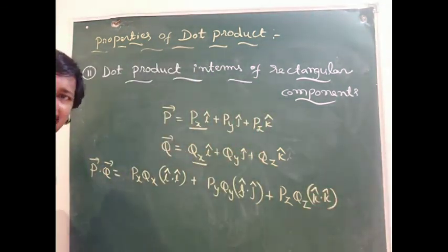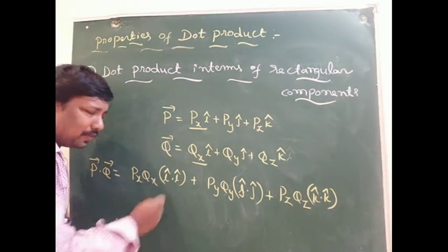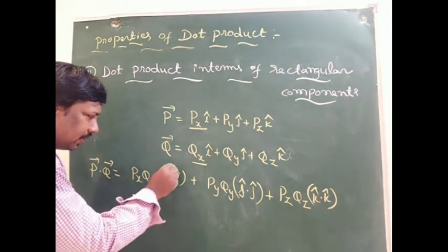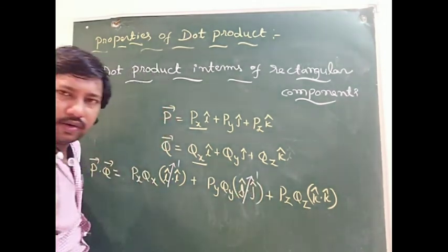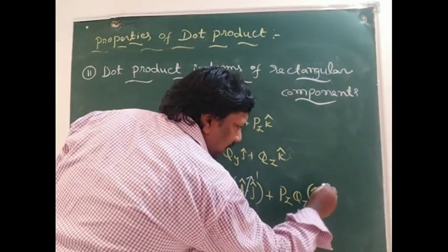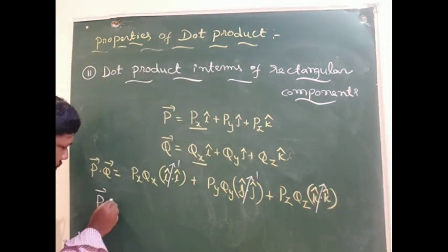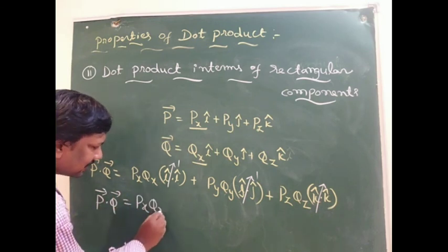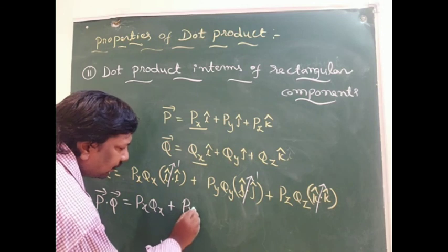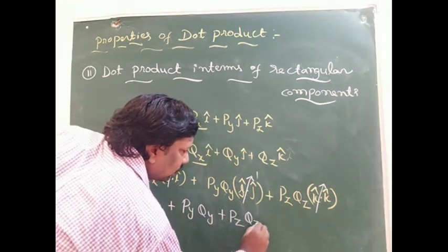We know that for orthogonal unit vectors, i cap dot i cap is 1, j cap dot j cap is 1, and k cap dot k cap is 1. Therefore P bar dot Q bar equals PxQx plus PyQy plus PzQz.